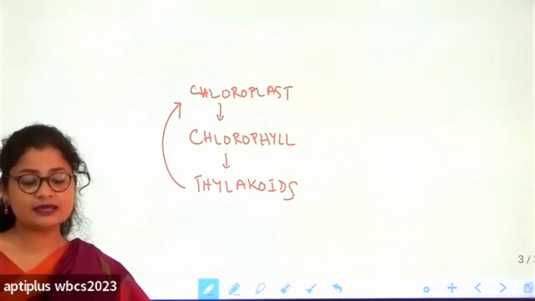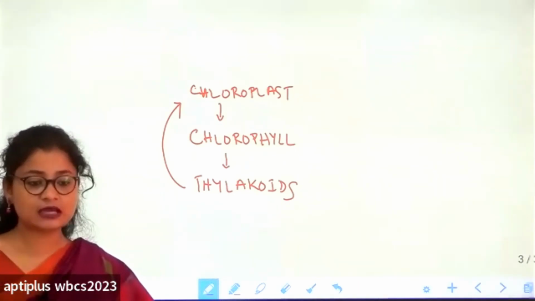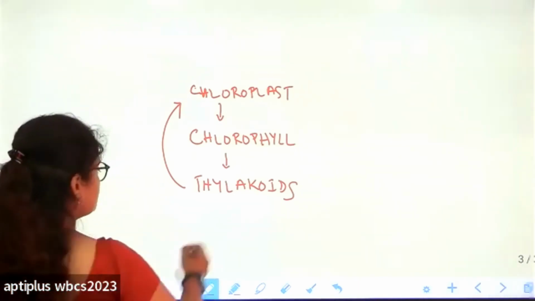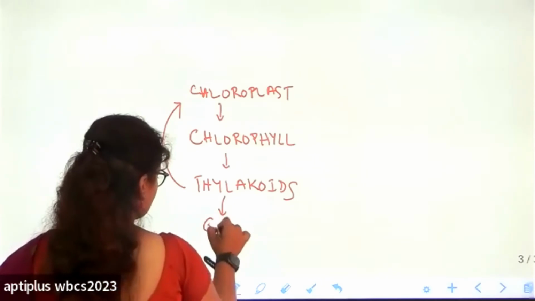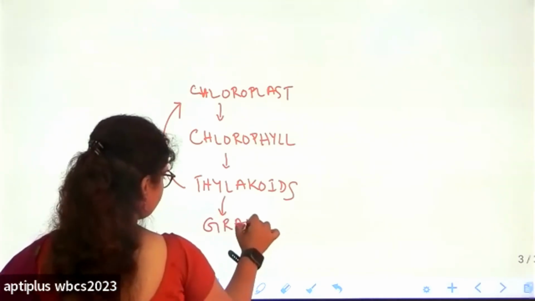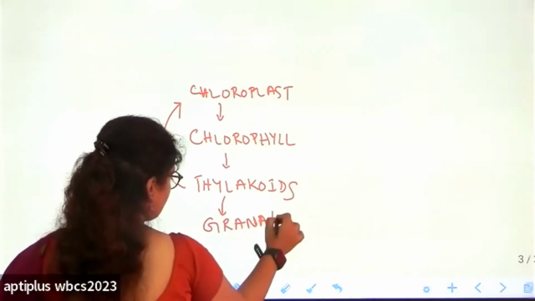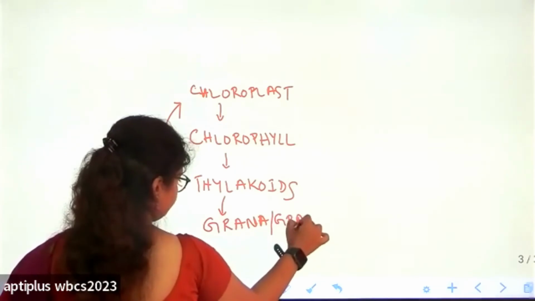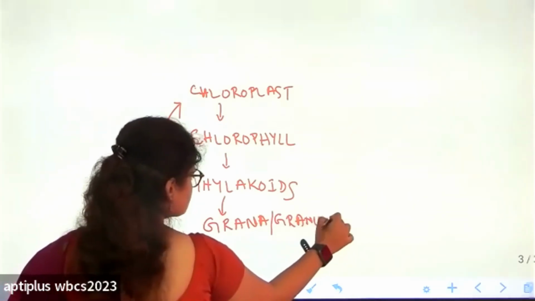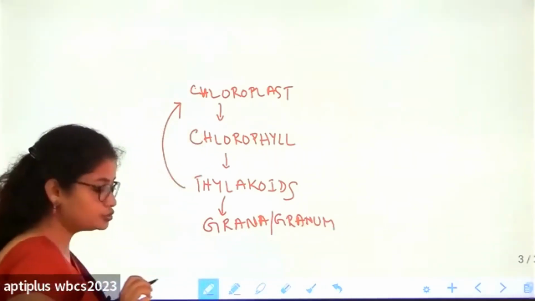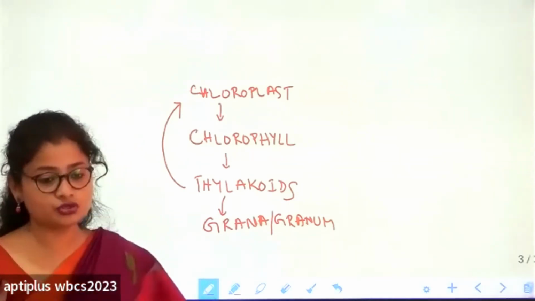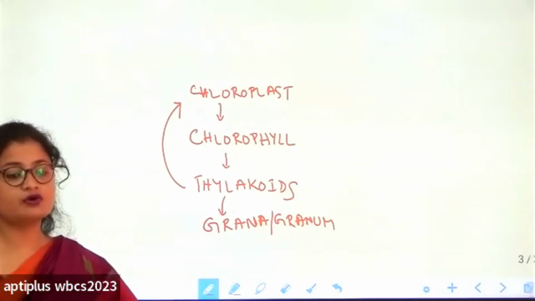Many such thylakoids will be arranged just like a stack of coins, and that will be known as the grana. Grana or granum. Grana is the plural form, granum is the singular form. Okay, so this is all about chloroplast, which is a very important organelle whenever we are talking about photosynthesis.